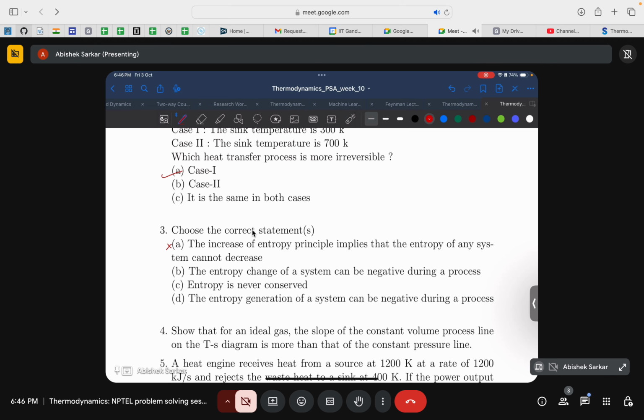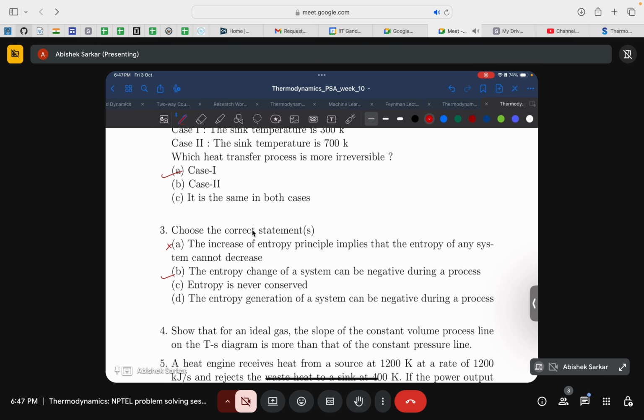Second, the entropy change of a system can be negative during a process. This is correct, in the sense that if there is a heat transfer out of the system, and the magnitude of the entropy decrease because of the heat transfer out of the system is greater than the entropy generation in this particular process, then the change in the entropy of the system may be negative.